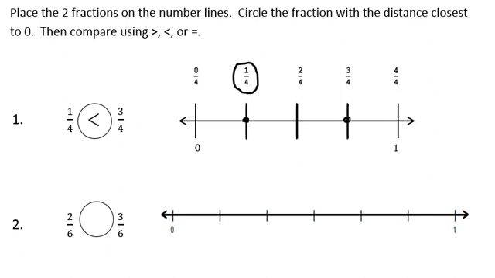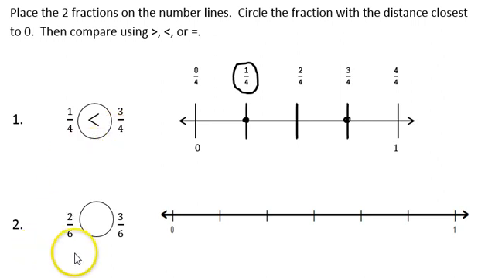Since we're supposed to circle the fraction with the distance closest to 0, 1/4 has been circled because it's closer to 0 than 3/4. When we compare the fractions then, it tells me that 1/4 is less than 3/4 because it is closer to 0.